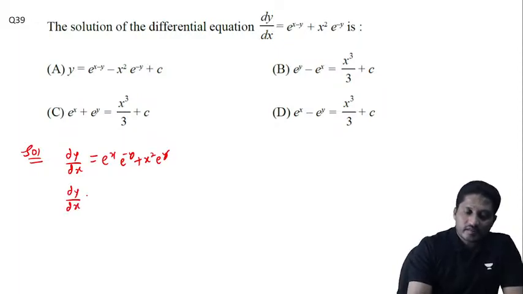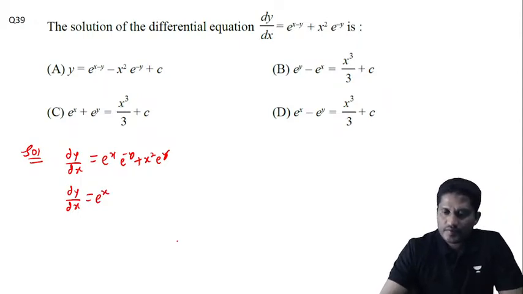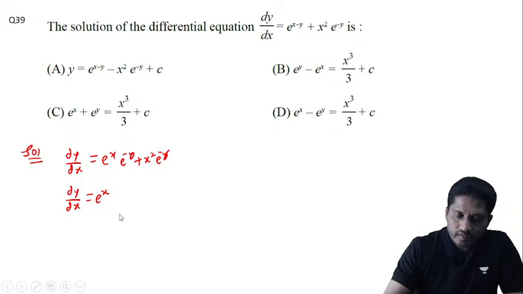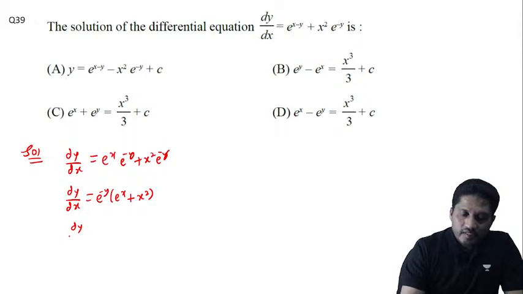Dy by dx is equal to e power minus y, I'm going to take e power minus y common. Left out is e power x plus x square. Dy by e power minus y is equal to e power x plus x square, and then dx.